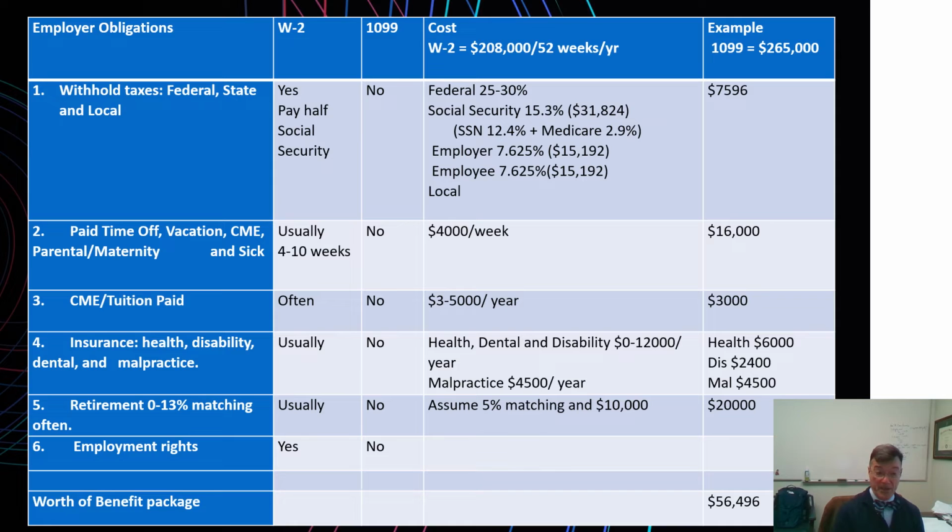Another huge benefit as a W-2 is you often get some retirement benefits or profit sharing, and this will run anywhere from none. A few of the groups won't pay anything, and I've seen it as high as 13% profit matching, which is huge because you can put another 13% in and you're getting 25% of your income put away in retirement.